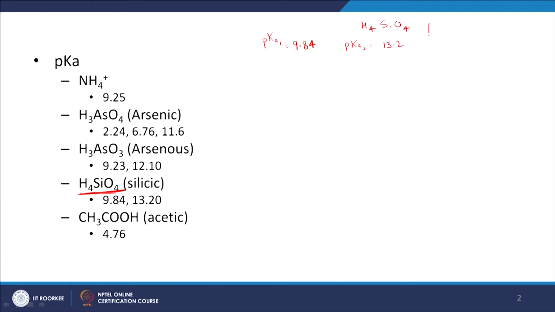Let us look at that again, and what does this mean? This is H4SiO4 and the next deprotonated form, and again the next deprotonated form.